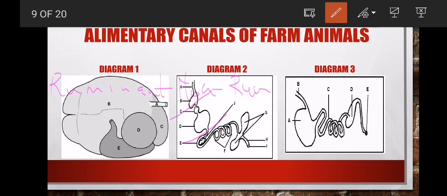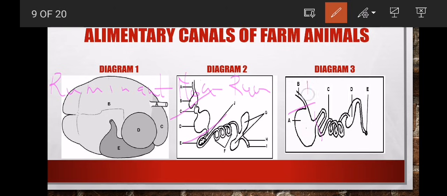What about the 3rd one? You look at the stomach. That's the first thing that I want you to note when they say classify. How many stomachs do you see here? You only see 1. Ruminant or non-ruminant? It's a simple stomach.